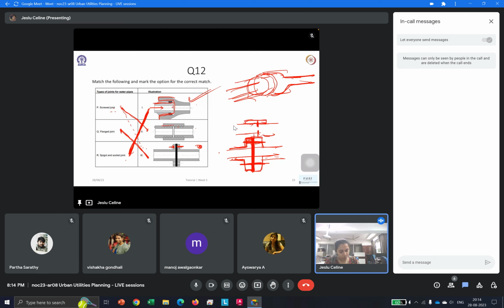This is the portion where you're covering the screws up, and this doesn't have any other section. So Vaishaka was right. P is screw joint, which is 2, flanged joint is 3, and spigot and socket joint is 1. Any doubts in this question?